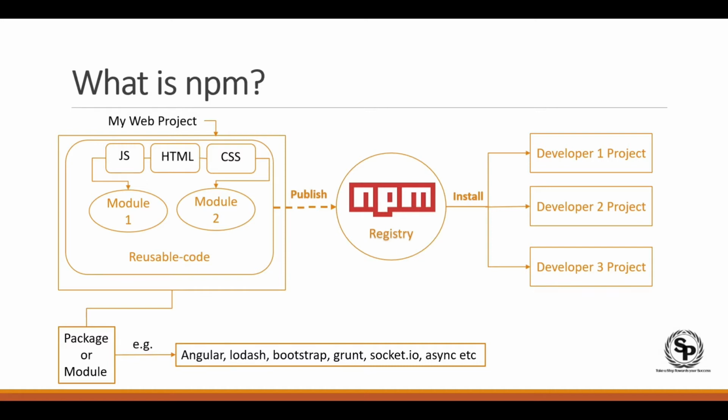Because its registry has so many packages, you can install a particular package in your project, and you will automatically have a few functionalities which you would otherwise have to create from scratch. So you can reuse that code. To make functionality reusable, I think npm plays a big role.